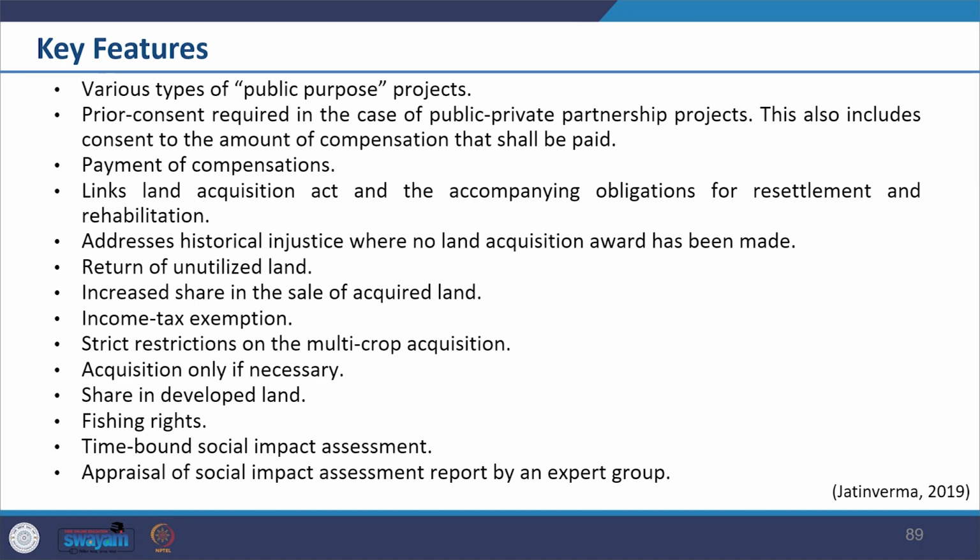It also proposes payment of compensation up to 4 times the market value in rural areas and twice the market value in urban areas. And we also see that this is the first law that links the Land Acquisition Act, not just acquiring the land, but also the obligation of resettlement and rehabilitation. So it brings the two together.